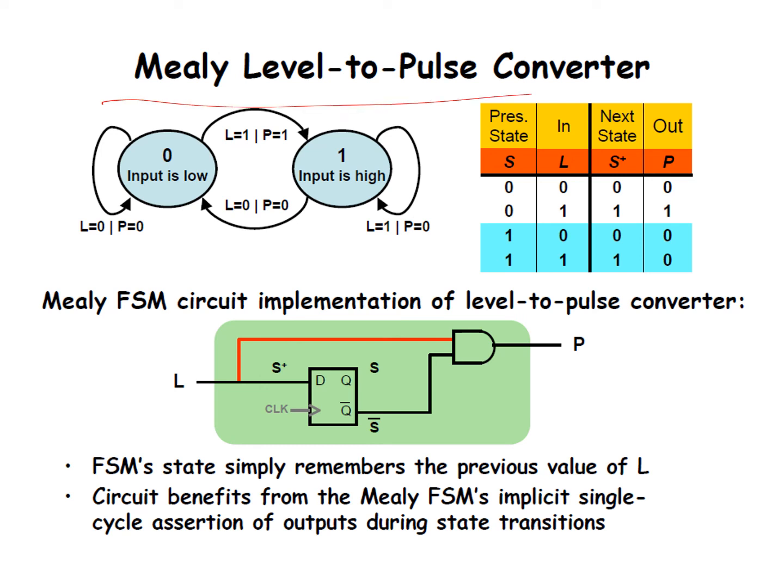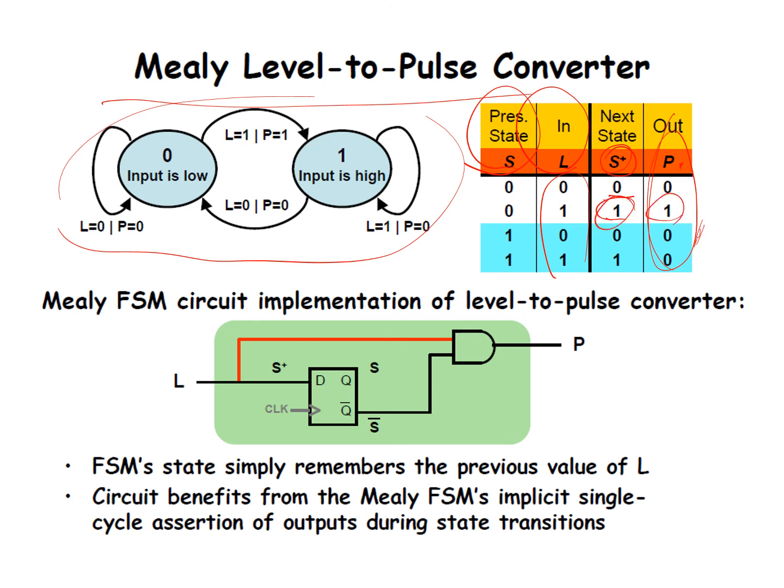Now the Mealy machine logic can be optimized, with the current state and inputs determining the next state, right? And the output as well, P. So we generate those things and optimize the logic. You will get this kind of synthesis result. So the input directly goes to the output. The state determines the next state and the input determines the output.